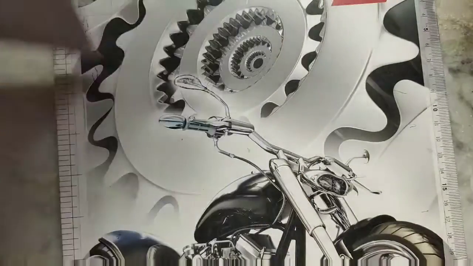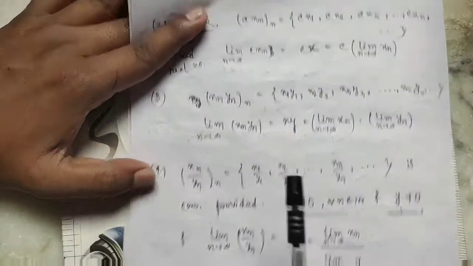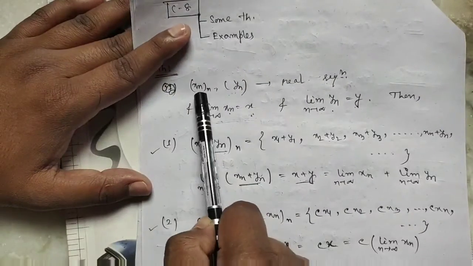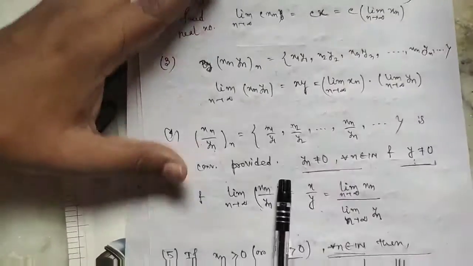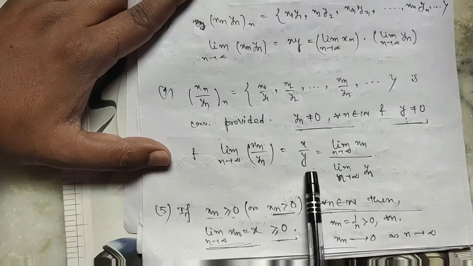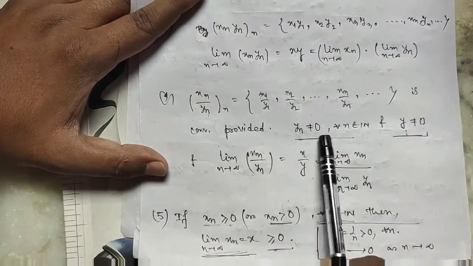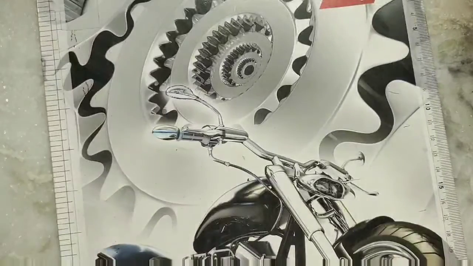We use this theorem: if xn converges to x and yn converges to y, then xn by yn converges to x by y, provided each yn is not equal to 0 and y is not equal to 0.